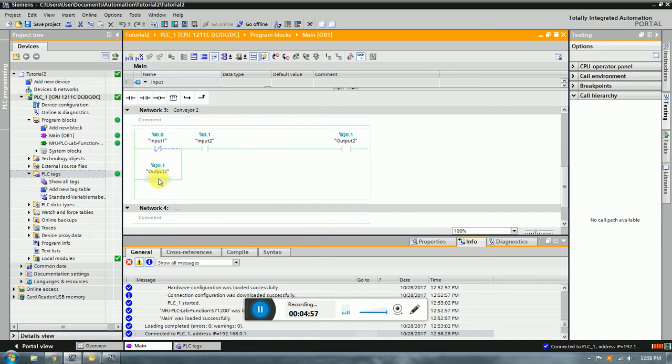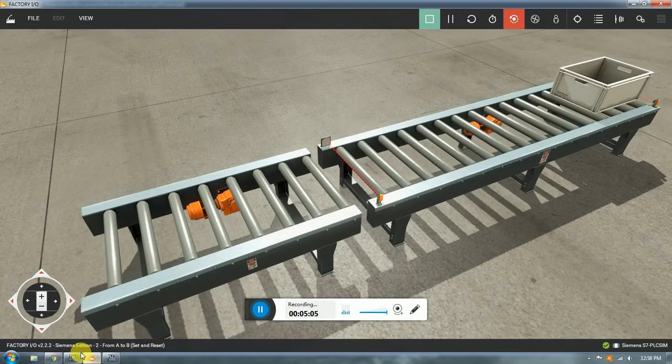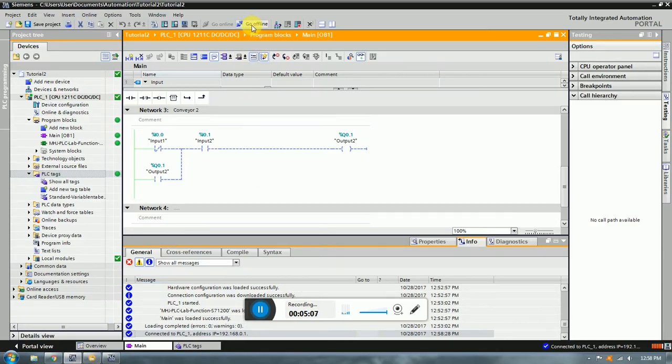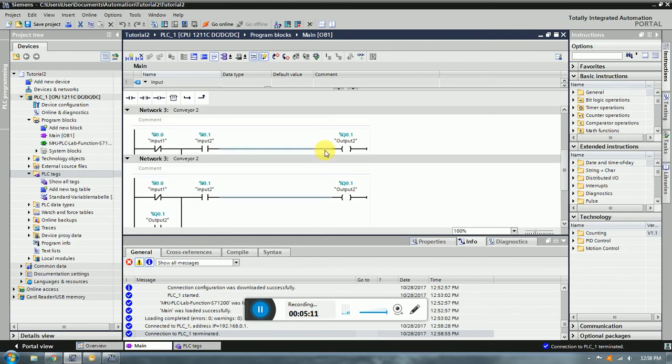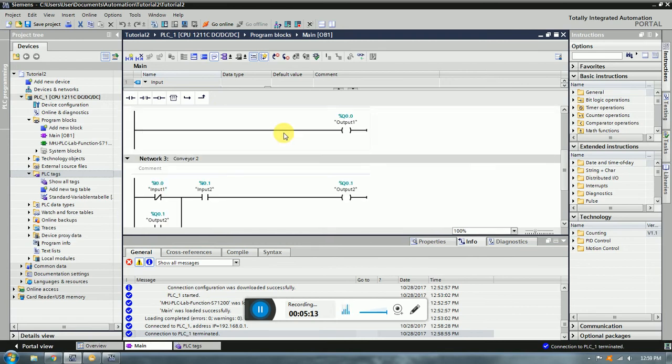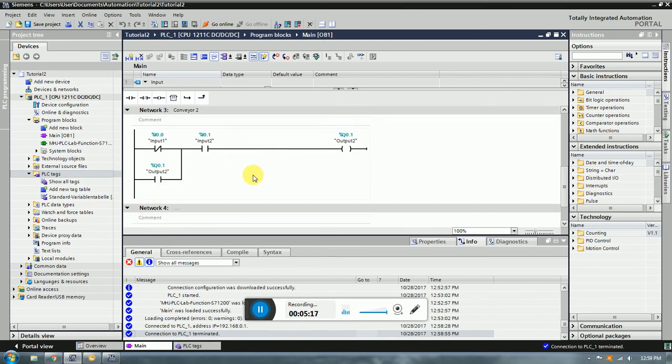Even when it stops detecting, output 2 is still connected until this one cuts the whole thing, as we can see. So this is the easiest way to do it. There are different ways, and probably we will see different options in different tutorials, but as I said, this is one of the easiest.